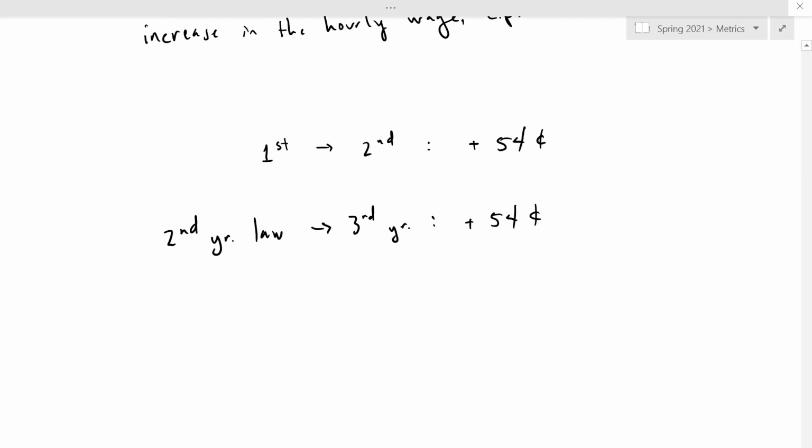Ultimately, we would think that as you add more years of education, you should be having increasing returns.